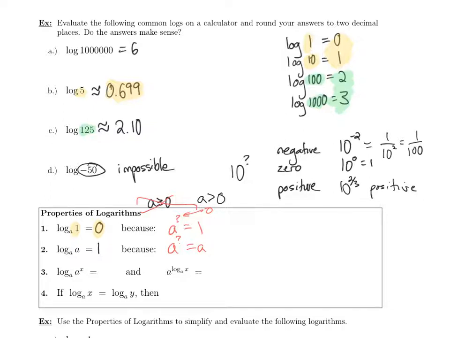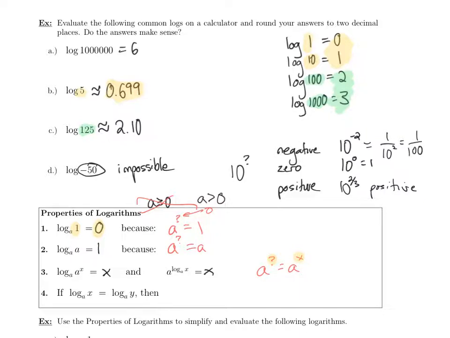And for the next property, if I have log base a of a to the x, or if I have a to the log base a of x, either way I'm going to get the x back again. And that comes from the fact that if I ask the logarithmic question, a to the question mark equals a to the x, the thing that makes these two equal to each other is going to be when the exponent is x itself.